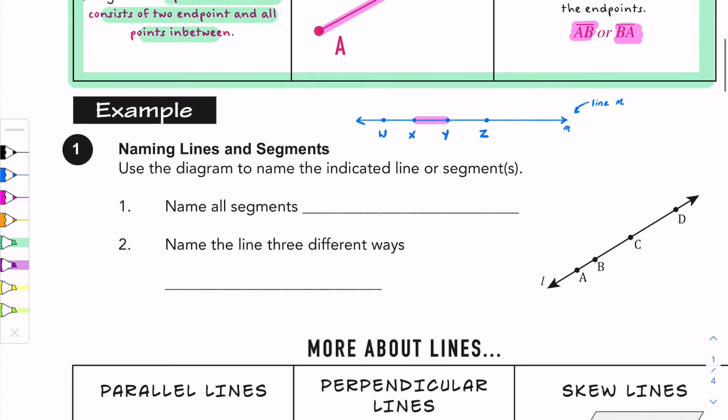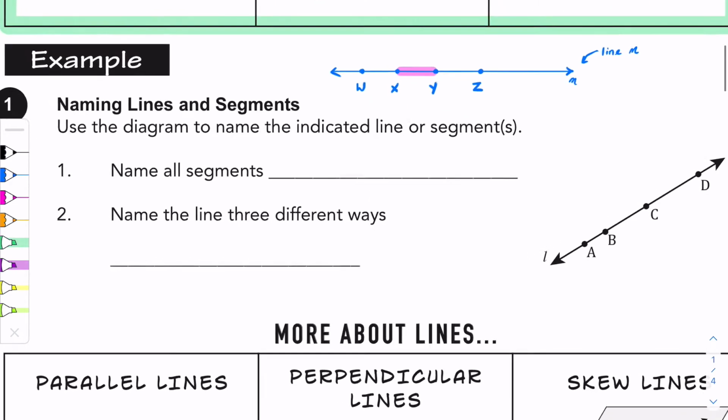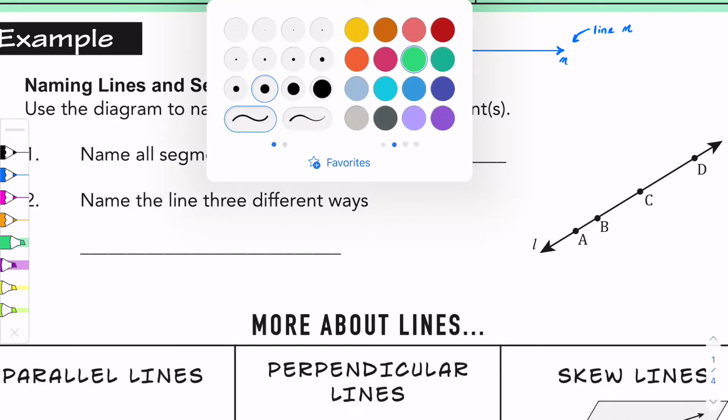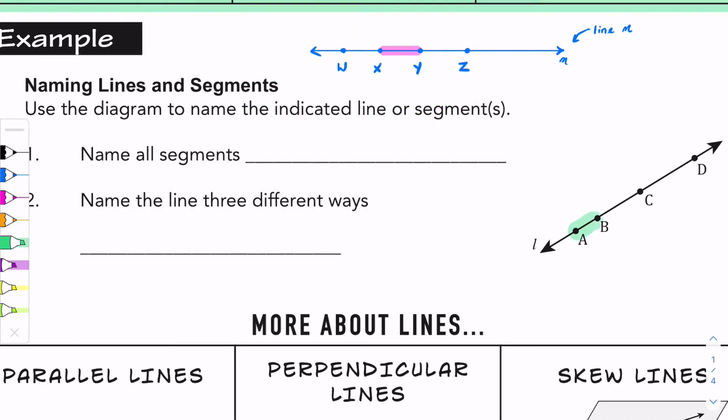If we look at our first example set, it has a diagram over here to the right. And number 1 says to name all segments. So I'm going to look at this, and of course there's different ways to label each segment. For example, I could be labeling segment AB as AB or BA. I'm just going to label it in alphabetical order.